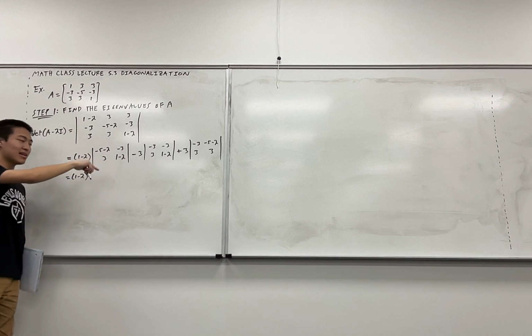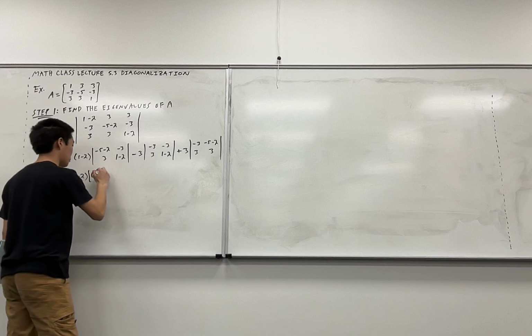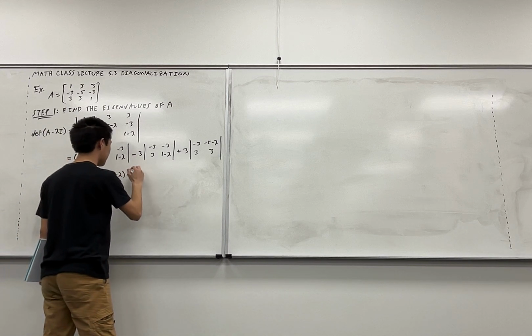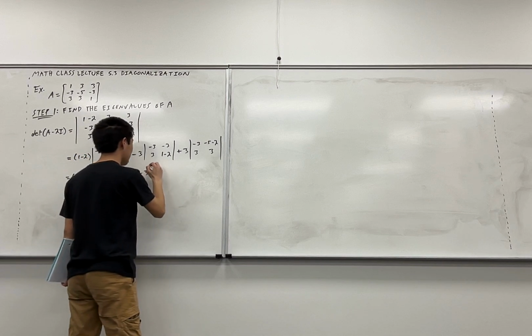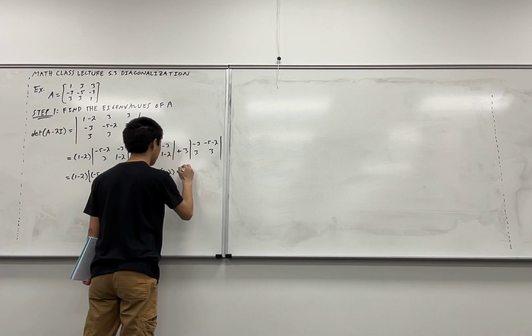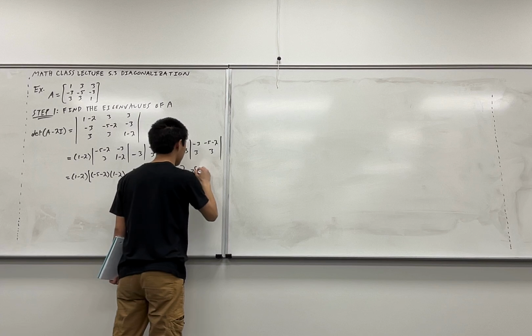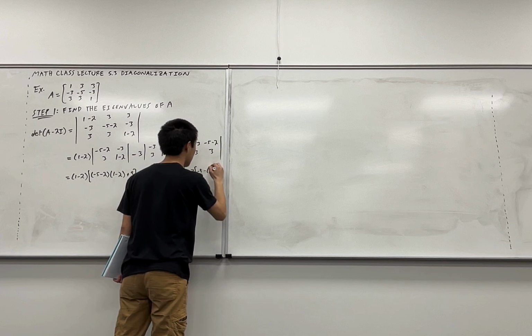Okay, do we remember how to take the determinant for 2x2s? AD minus BC. Okay, so I have minus 5 minus lambda times 1 minus lambda, plus 9, minus 3 times minus 3, 1 minus lambda plus 9, plus 3 times minus 9, minus 5 minus lambda times 3.